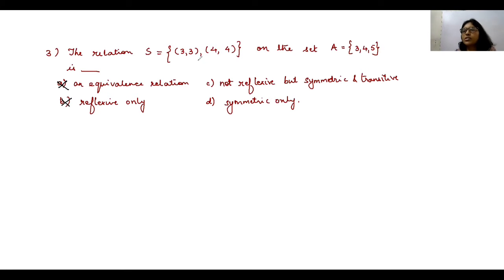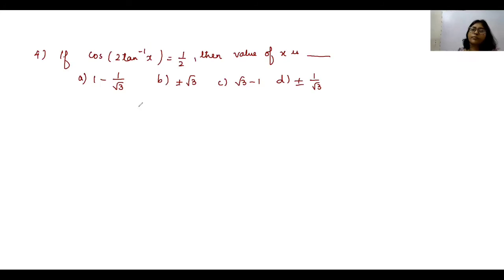It is obviously transitive because there is no other term beginning with 3, and no other term beginning with 4. And it is symmetric because (3, 3), when you flip again, you get (3, 3) only. I mean, (a, b) belongs to R and (b, a) belongs to R. So it is not reflexive, but symmetric and transitive.